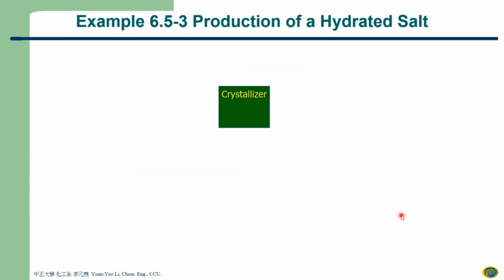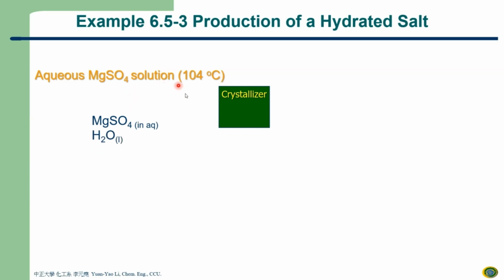Right. So this is an example of the production of the hydrated salt. Again, I don't read the text with you. I just want to tell you how to do the mass balance with the hydrated salt. Okay, so the aqueous magnesium sulfate solution is at 104 Celsius. Again, you have liquid. This is saturated, so you need to know the solubility of the magnesium sulfate at 104 Celsius.